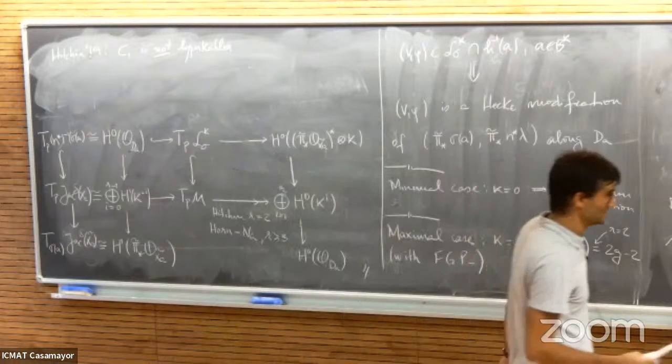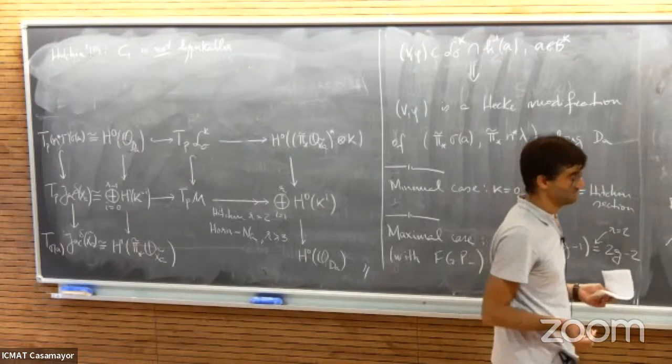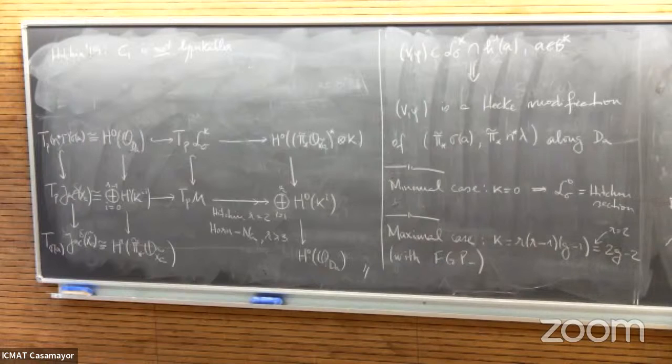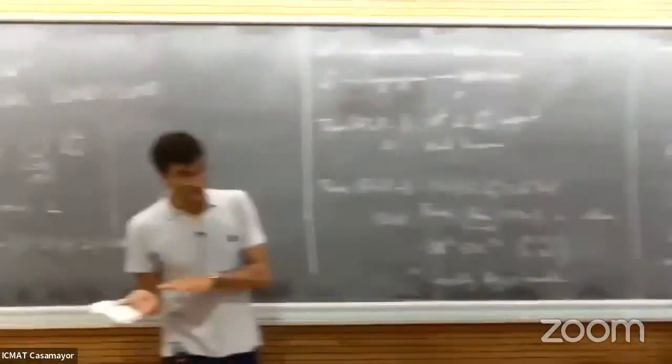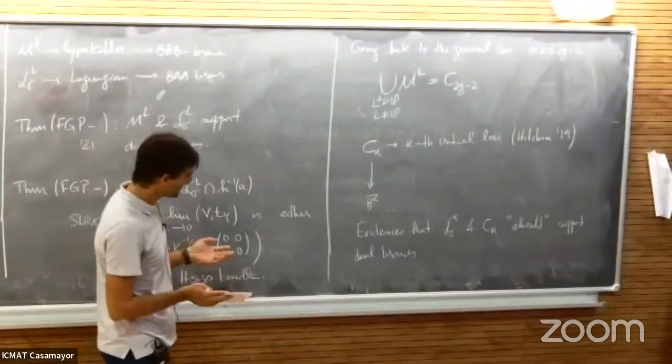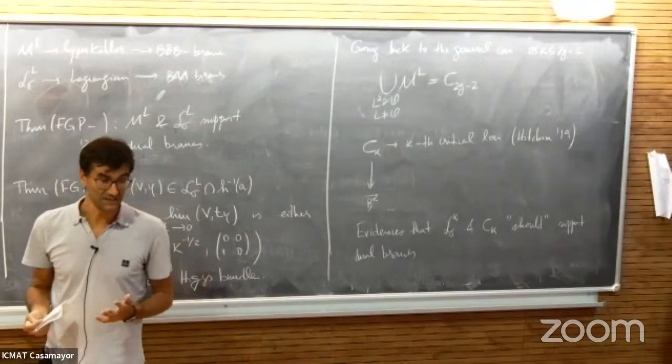So this does not support the BBB brane. So the question is what's going on here? Probably these evidences are not true, or if they are, we don't know what's going on, because there's this conjecture that BAA should be transformed by the Fourier-Mukai transform into a BBB, which is supported on a hyperkähler submanifold.